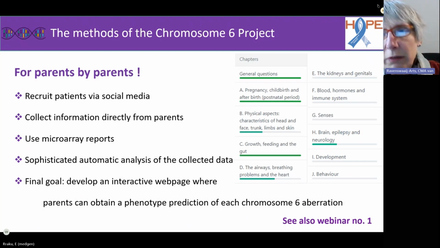Our final goal, and you will hear more about that today, is to develop an interactive web page. So when a child is born or diagnosed with a chromosome 6 disorder, a parent can go to the website, fill out the aberration that has been found in the child, and then the program will come up with a prediction of what can be expected on health issues in the child.